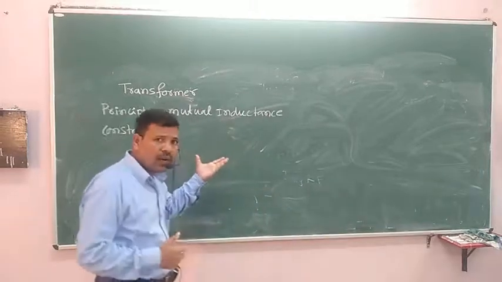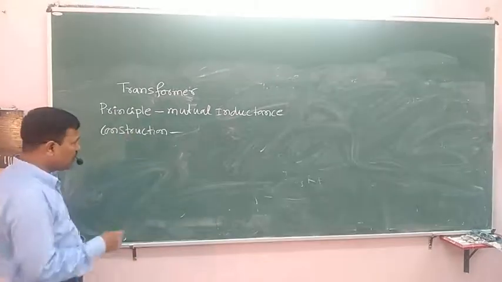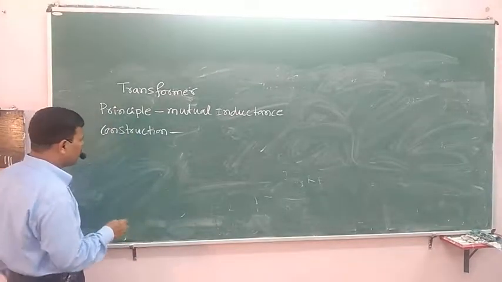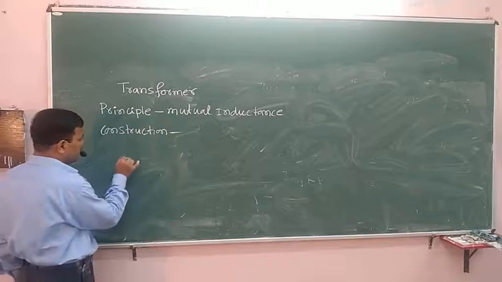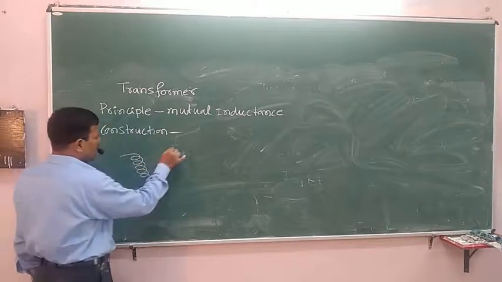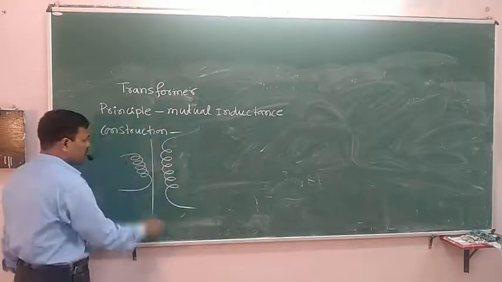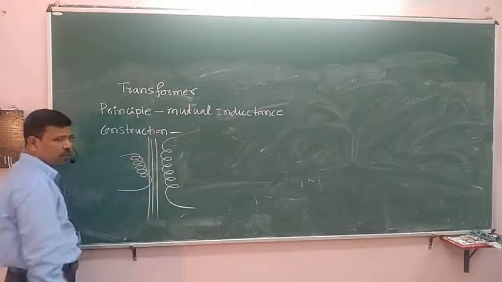That idea we call mutual inductance. So, a transformer contains two coils, a primary coil and a secondary coil. This is the primary coil, this is the secondary coil, and this is the core.